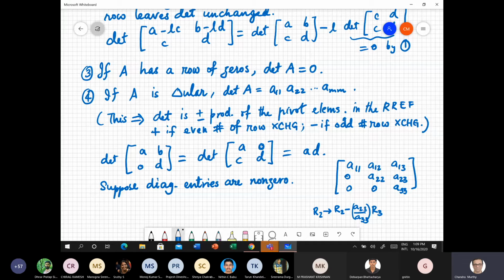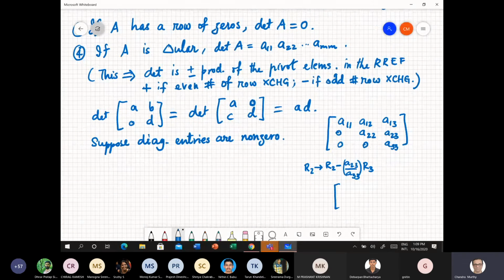Then this gives me a matrix A11, A12, A13, 0. Now A22 will remain unchanged and this becomes 0, 0, 0, A33.